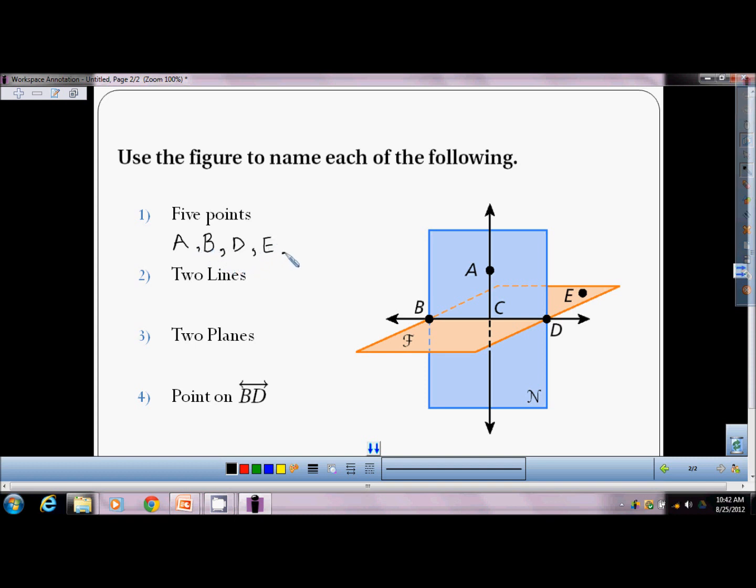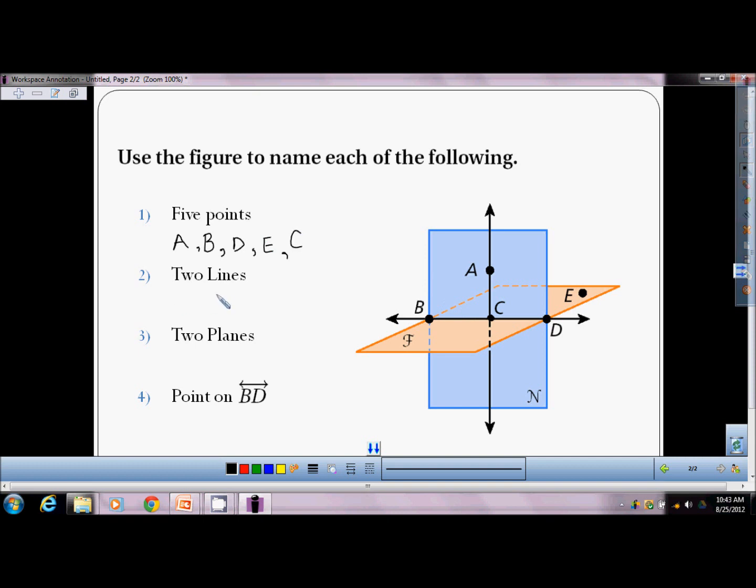Now we need one more. I don't see any other black dots. But if we remember, one of our postulates says if two lines intersect, then they intersect at exactly 1 point. So even though there's not a big black dot here, does not mean that there's not a point here. So we have point C.